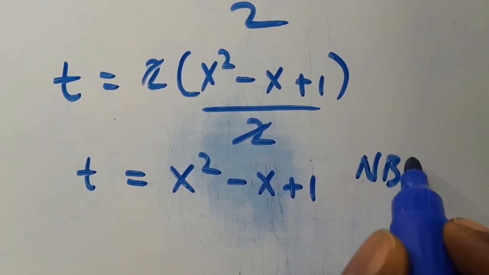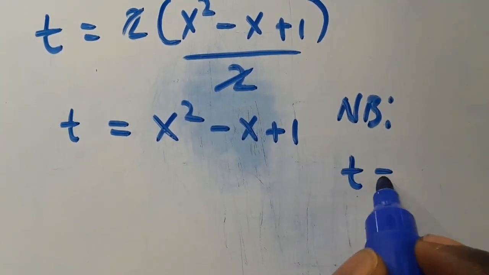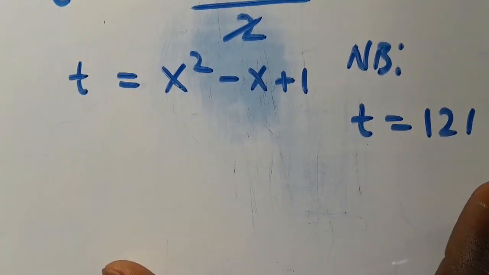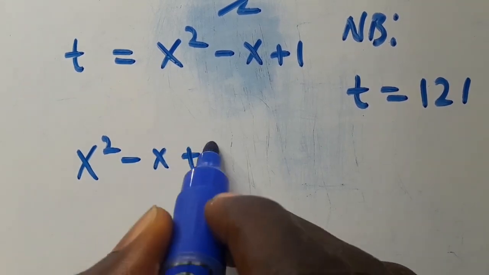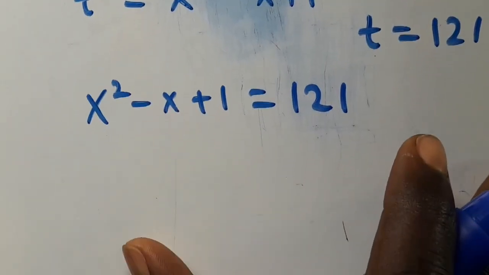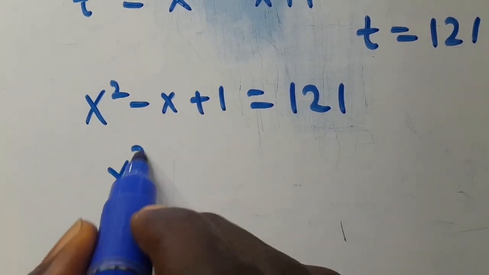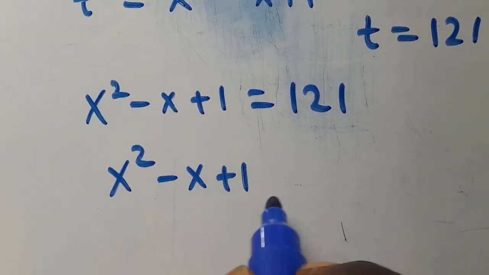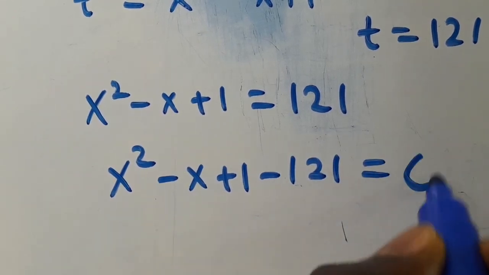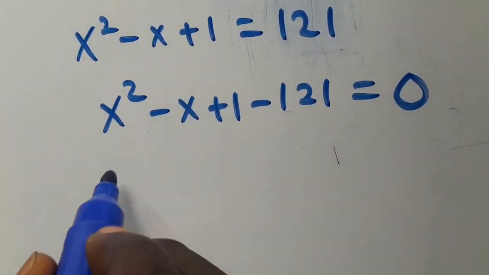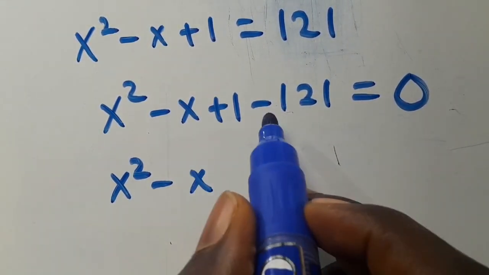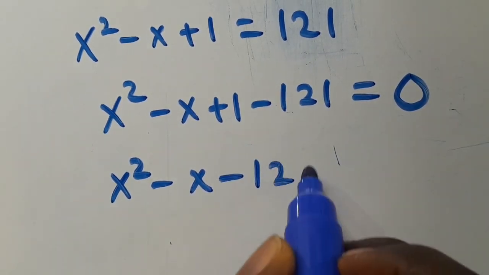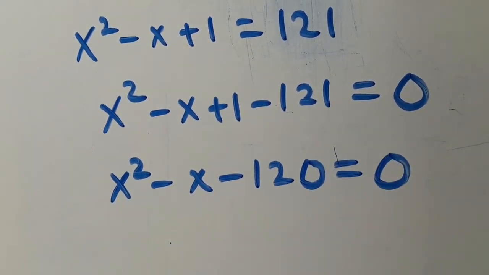But note that our t equals 121. From here, we are going to have x squared minus x plus 1 equals 121. By taking this one to this side, we have x squared minus x plus 1 minus 121 equals 0. Then you have x squared minus x, 1 minus 121, we have it to be minus 120 equals 0.